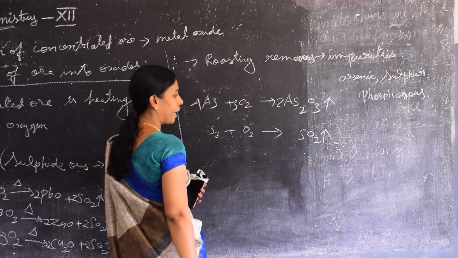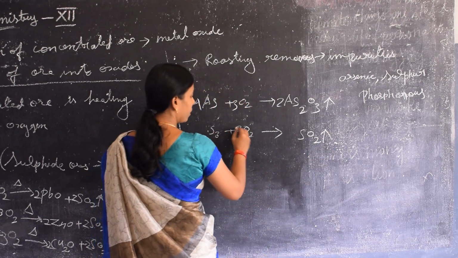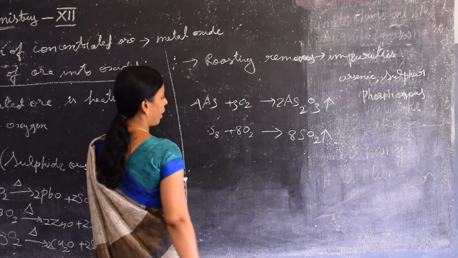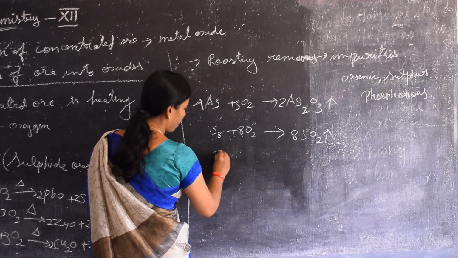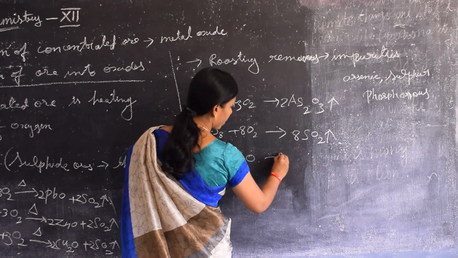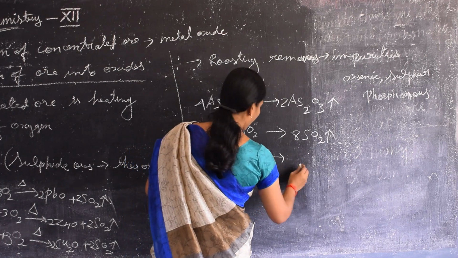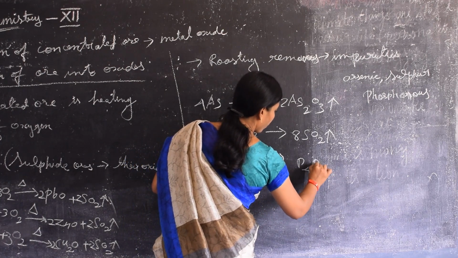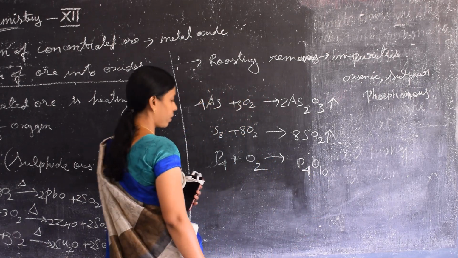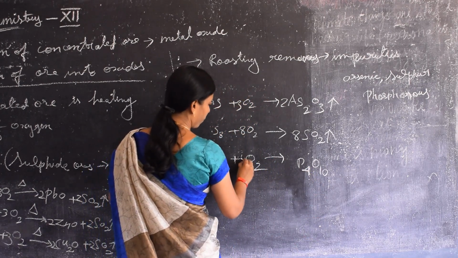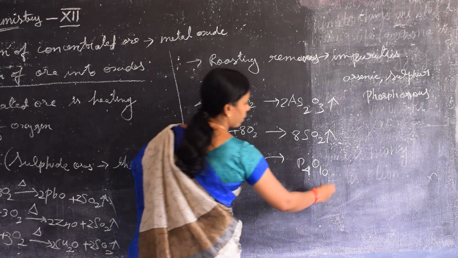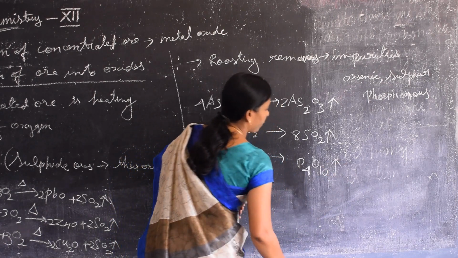It is also expelled as a gas. Okay, 8. And next one, phosphorus. Phosphorus is oxidized to form P4O10, phosphorus pentoxide. Here 5 moles of oxygen to form phosphorus pentoxide. It is also expelled as a gas.